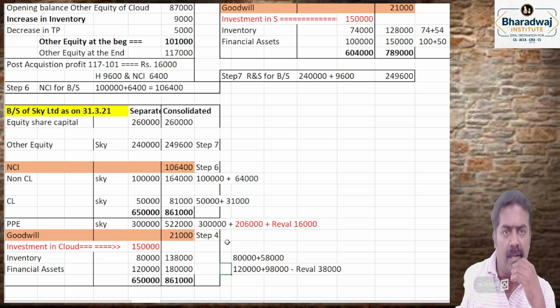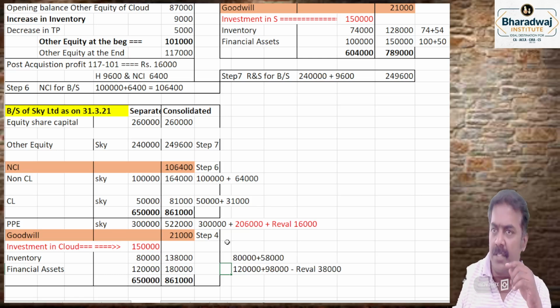Illustration 9 you can try it at home. Which illustration? 9. Go to illustration 10.